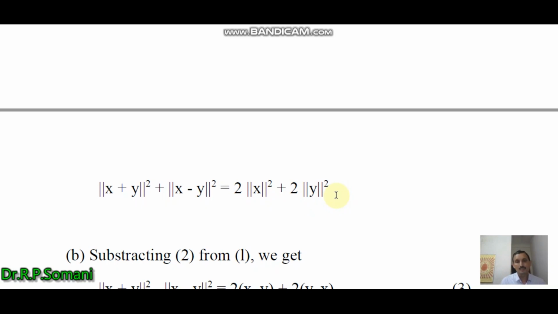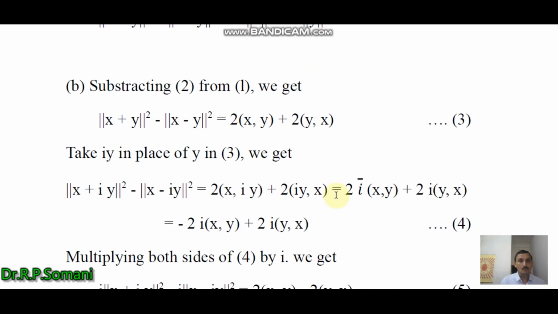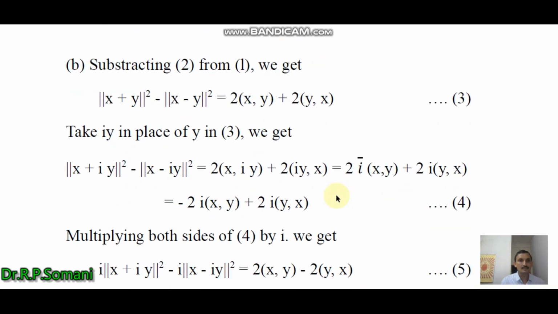Now we will see the proof of the polarization identity. Its proof is a little bit lengthy.